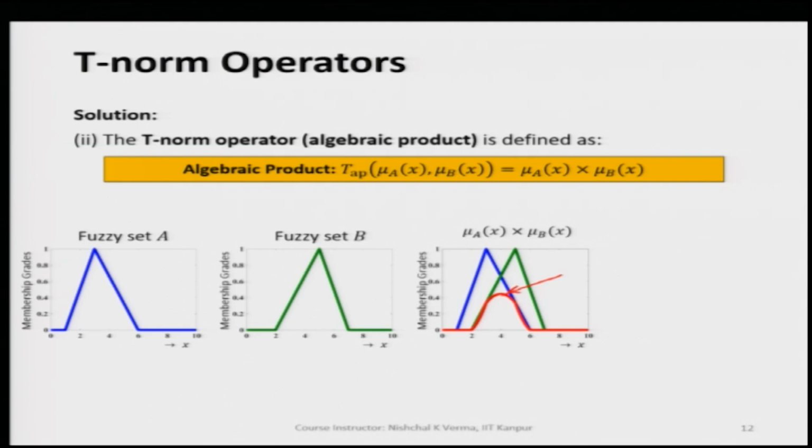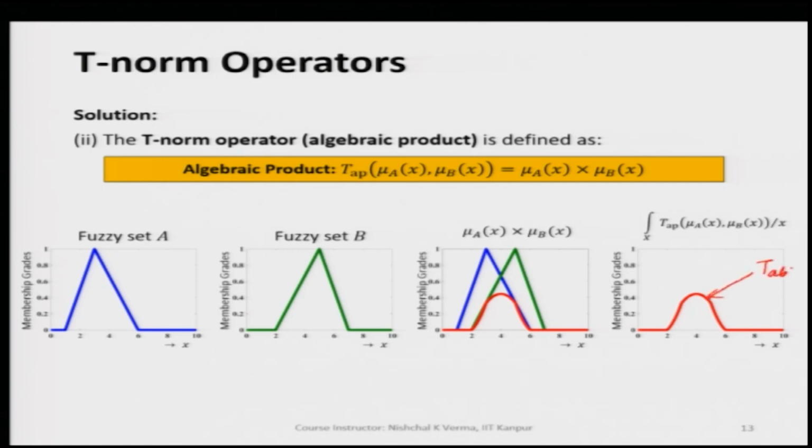It has been shown in red, and this is what we get as T_AP of the fuzzy set A and fuzzy set B.